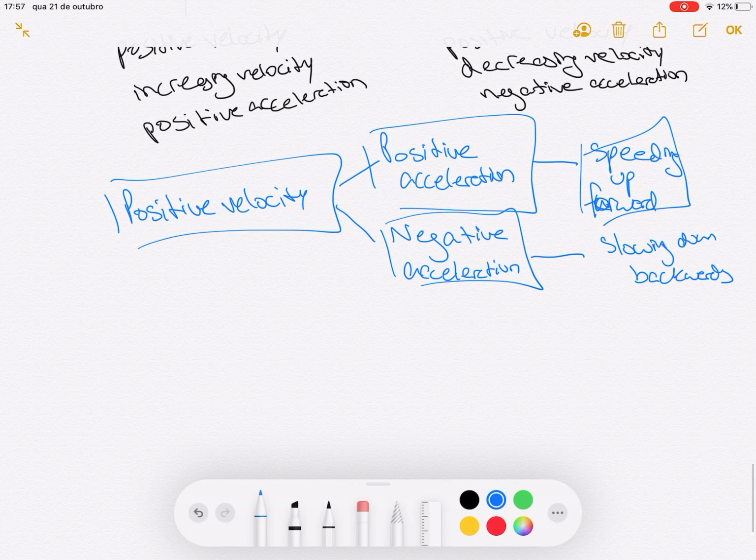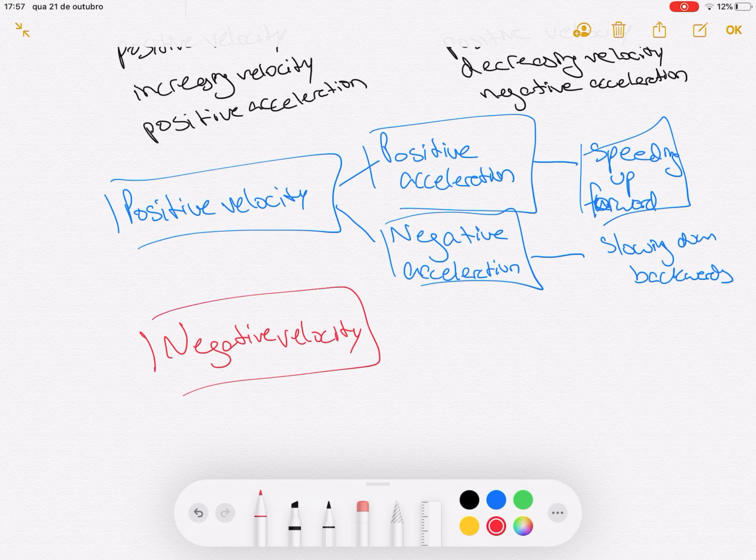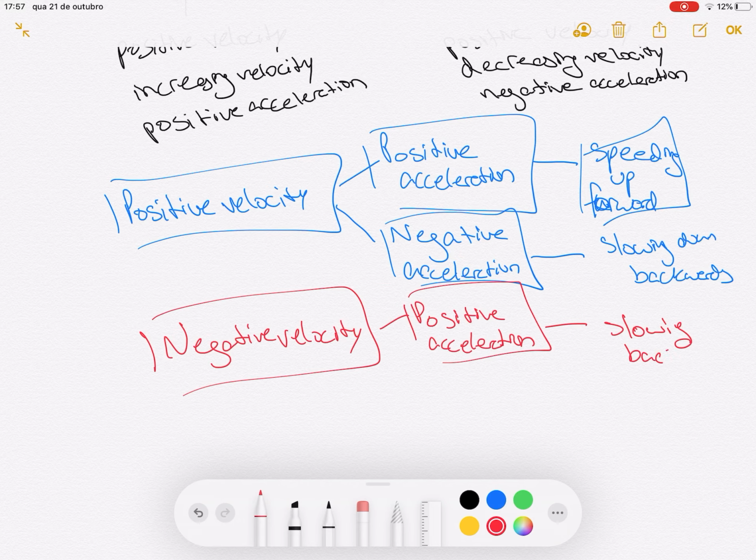Then, if we have negative velocity and we have positive acceleration, then we have the object slowing down backwards.